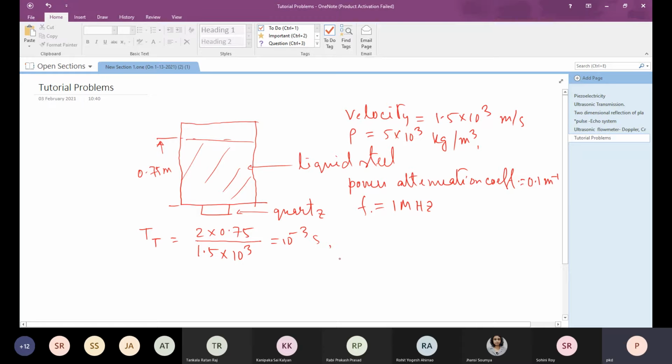So now the next part was the fraction of received power to transmitted power. For that we have to use the transmission and reflection coefficients at the boundaries as well as this power attenuation coefficient.